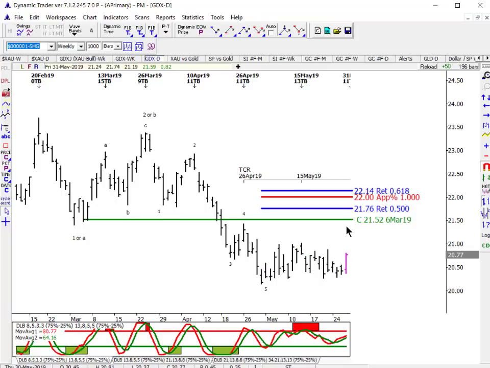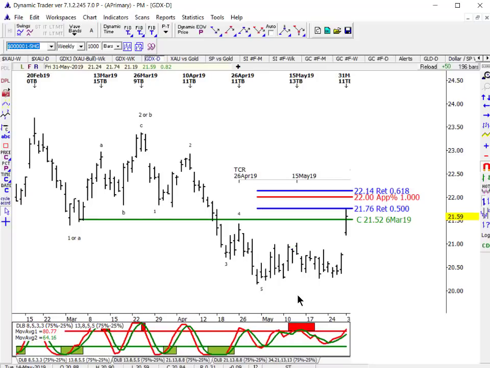What follows a correction? Continuation of the trend prior to the correction to a new extreme, and that would be eventually probably continuing to above the February high. Of course, I don't have Friday's data on it. That's what happened Friday.